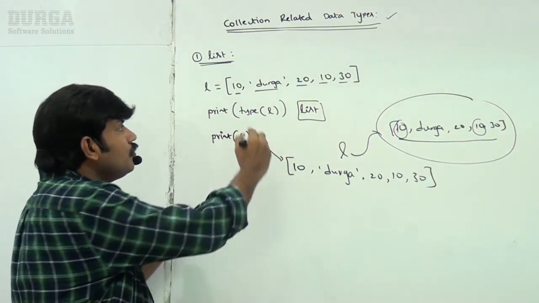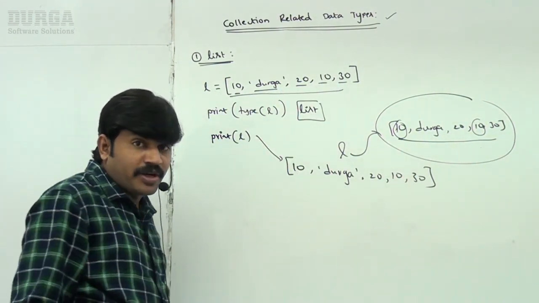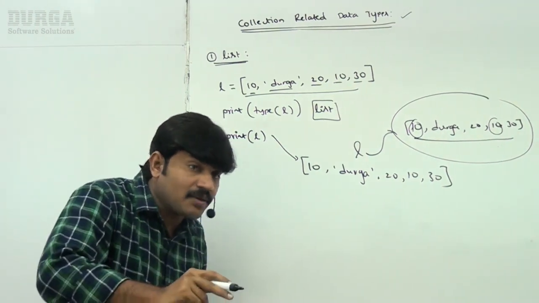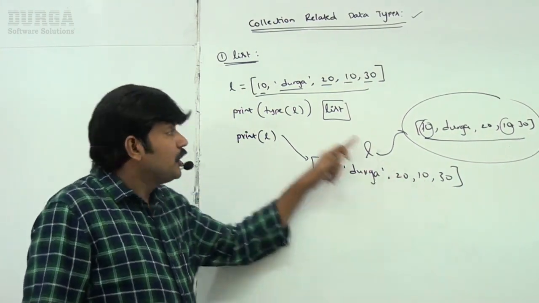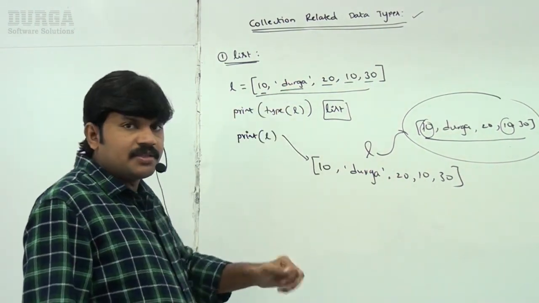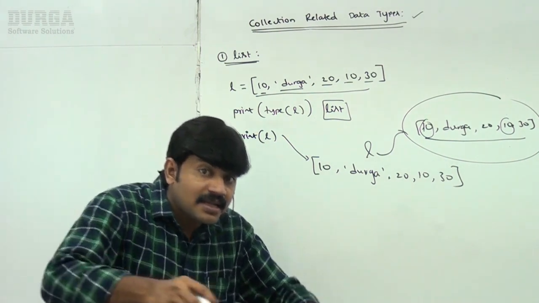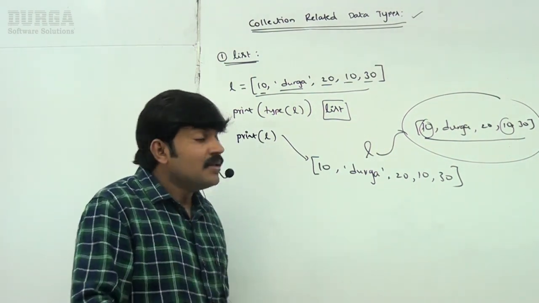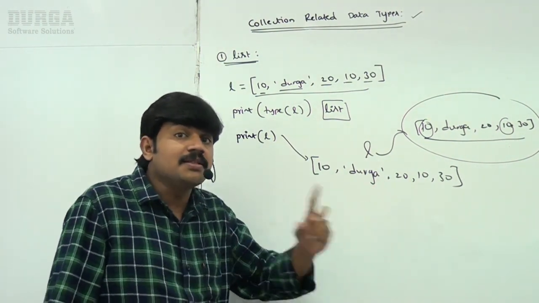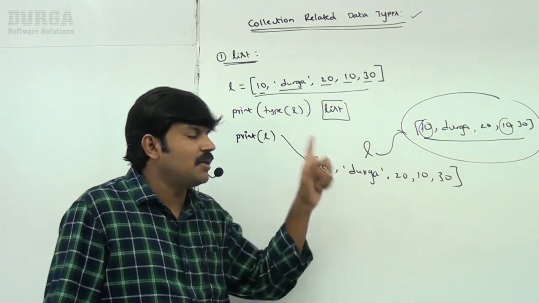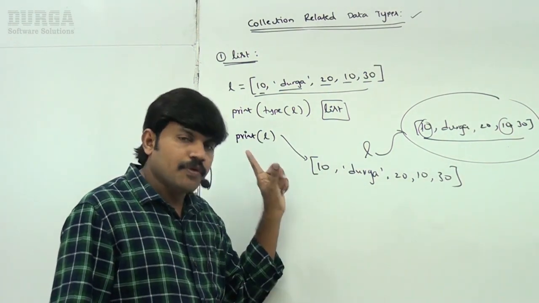In whichever order you specify the elements, in the same order only the output is going to come. In whichever order you provided elements, in the same order only the data will be stored inside memory. That's why order is important.